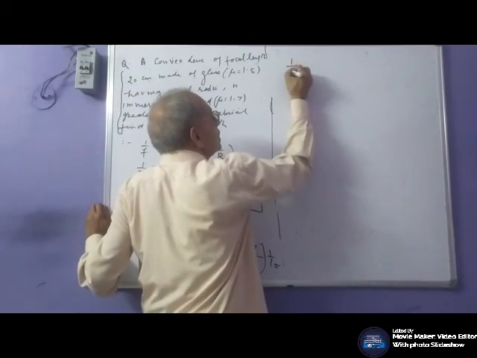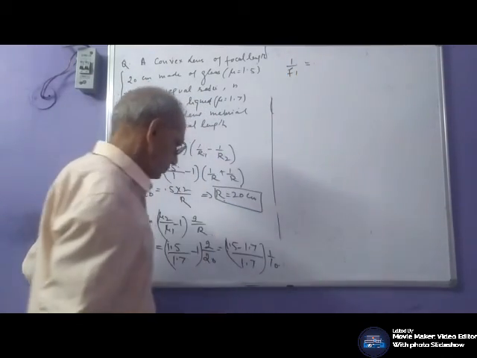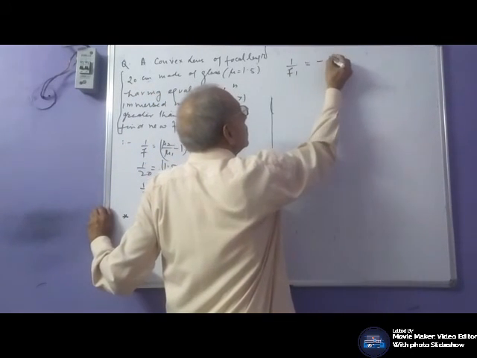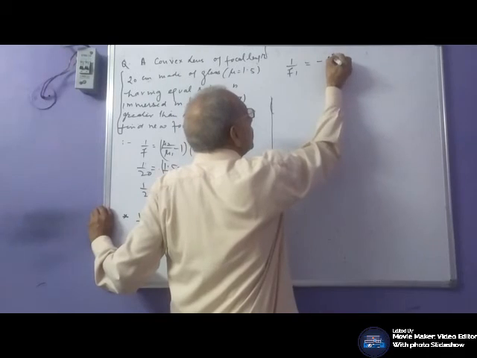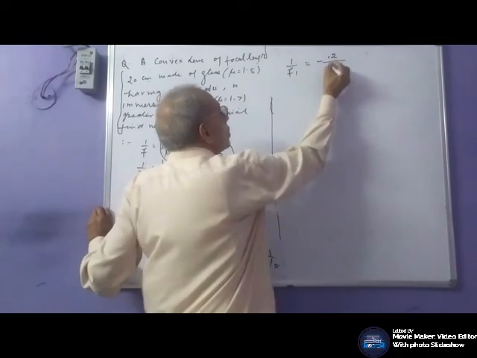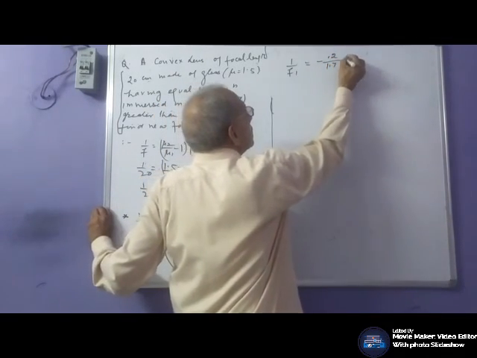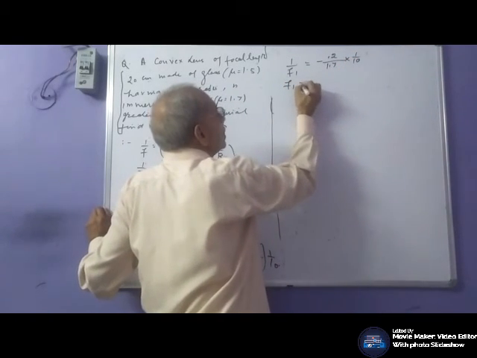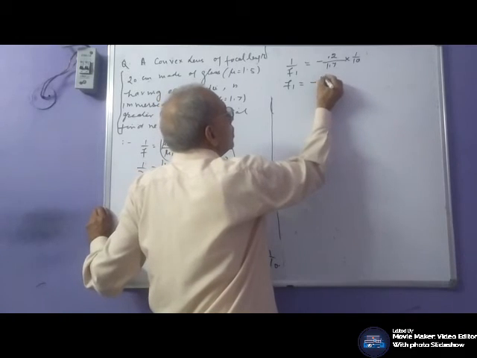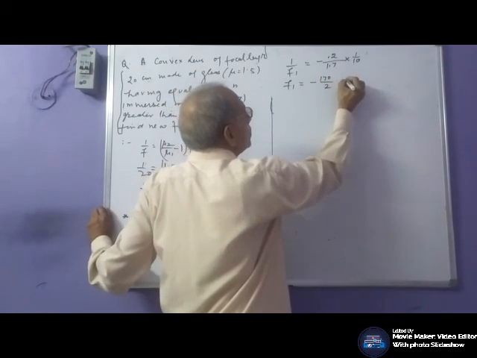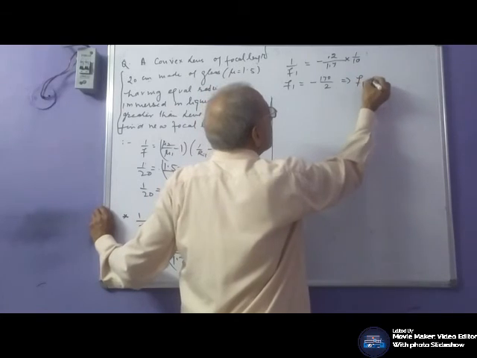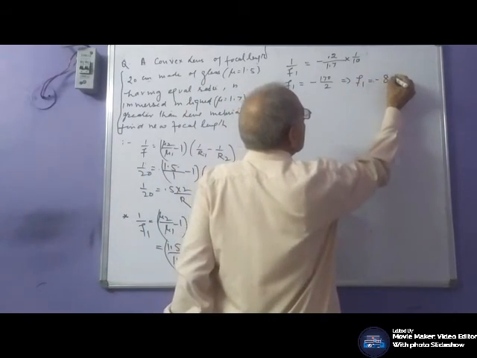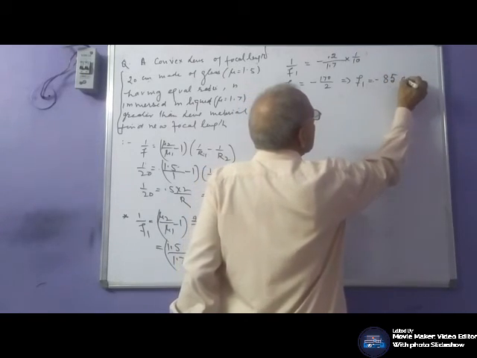So 1 by f1 is minus 0.2 by 1.7 into 1 by 10, or f1 comes out to be minus 170 by 2, or f1 is minus 85 centimeter.